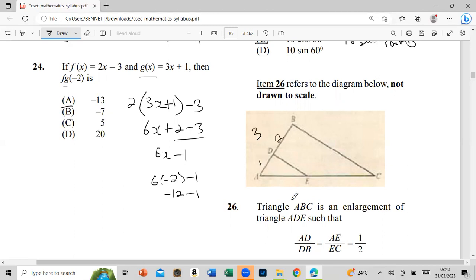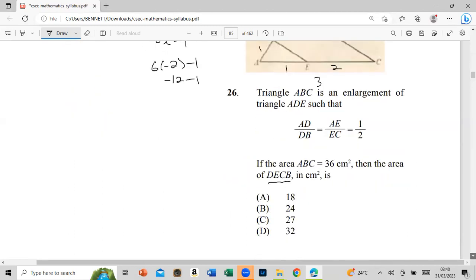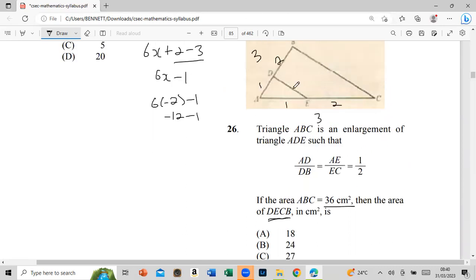And AE to EC is 1 to 2, so that means the entire length is 3. The area of ABC is 36 centimeters square. Then the area of DEBC. So they're asking for this, DEBC.